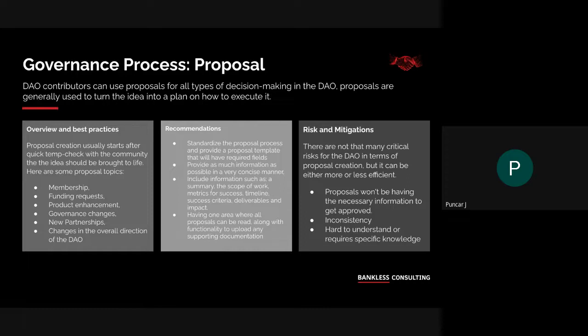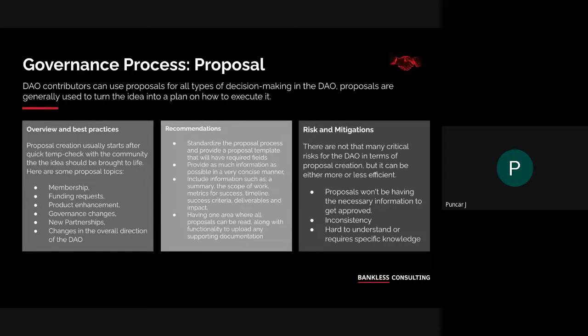And many DAOs execute other things which we might not do through proposals, like new partnerships, to approve a partnership with another DAO, or approve and maybe do some token swap with it, or if there will be some new service provider to the DAO, it might also go through the official proposal route.